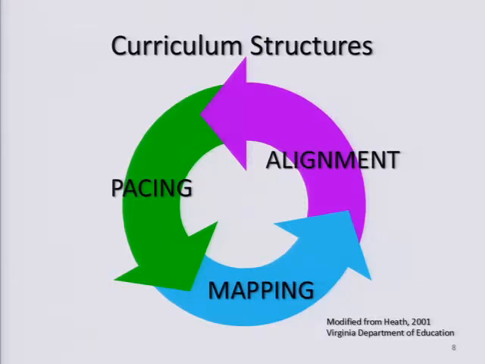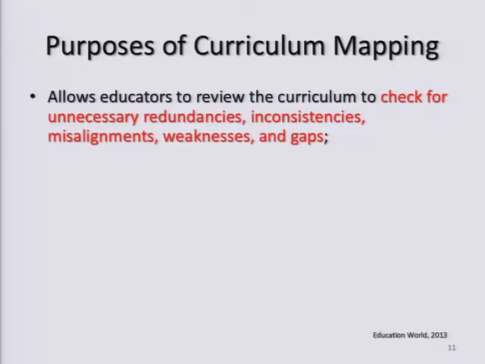So within this cyclic framework, what is it that we need to be able to do? The question is, what are the purposes of curriculum mapping? First, it allows us to check for unnecessary redundancies. Note that it's unnecessary redundancies; we want certain redundancies to reinforce concepts. We're looking for inconsistencies between what we teach. We're looking for misalignments, weaknesses, and gaps.